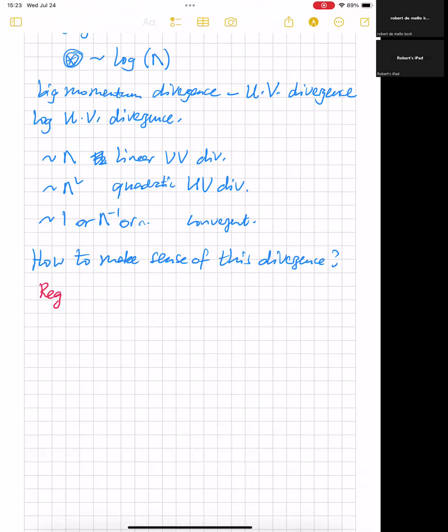We regularize the theory. And what it means when we regularize the theory is that we change the theory so that there is no divergence.